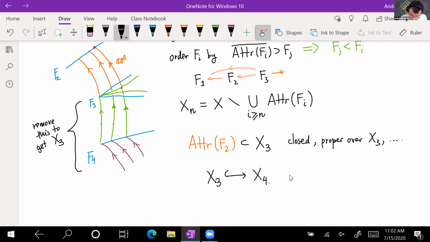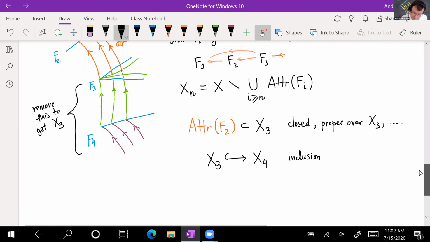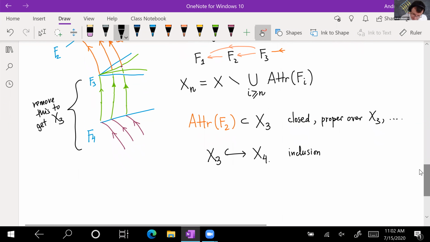It's just an inclusion, in fact an equivariant inclusion.